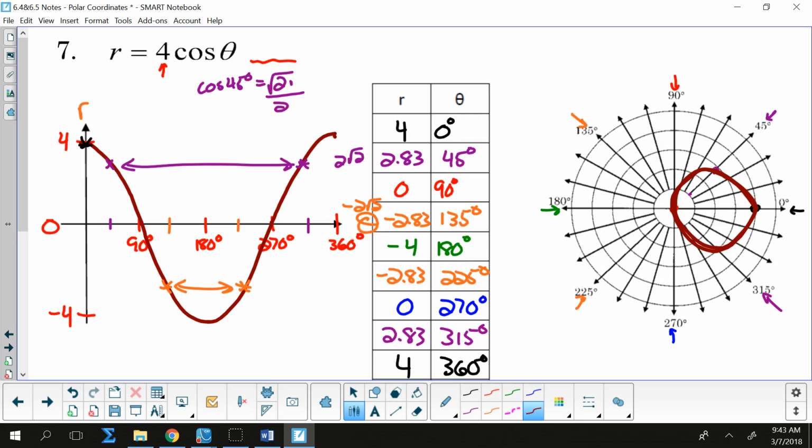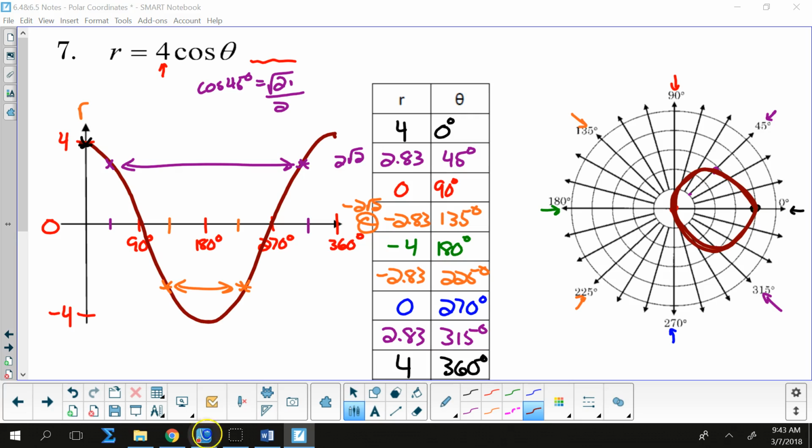Kind of a funky looking circle, but it should be a circle. What's the radius of that circle? Radius is 2 because the center is shifted over.